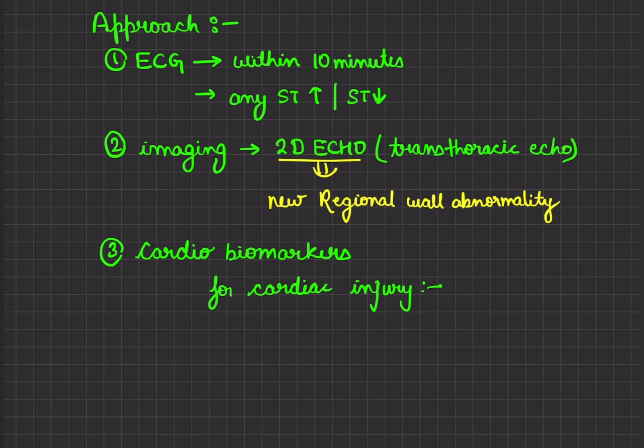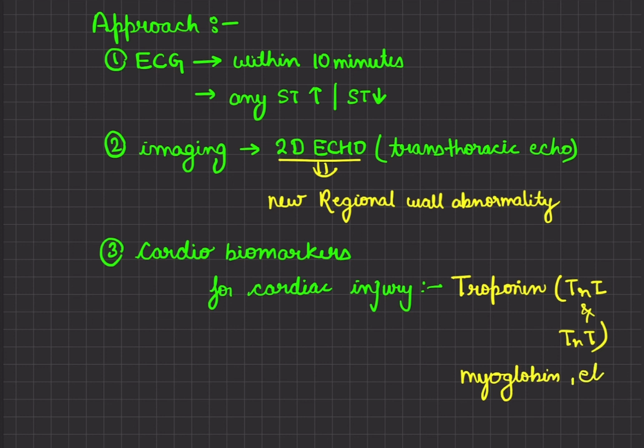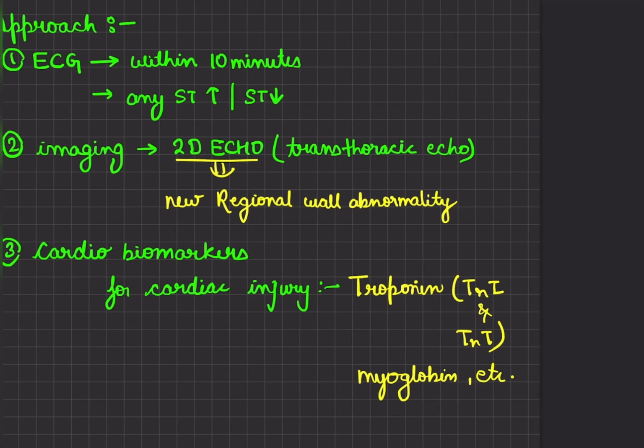Examples are troponin, troponin I, and troponin T. Next is myoglobin and etc. Let's learn cardiac biomarkers in detail.